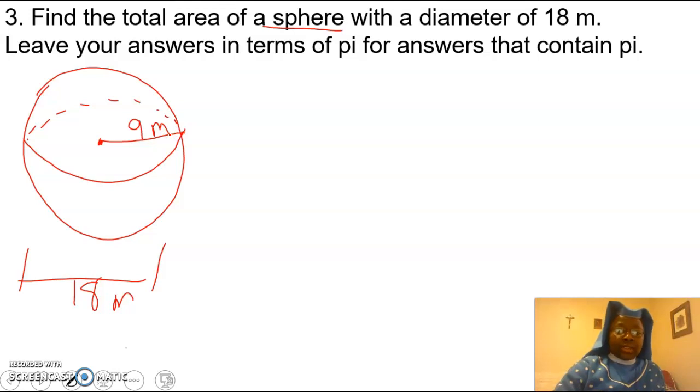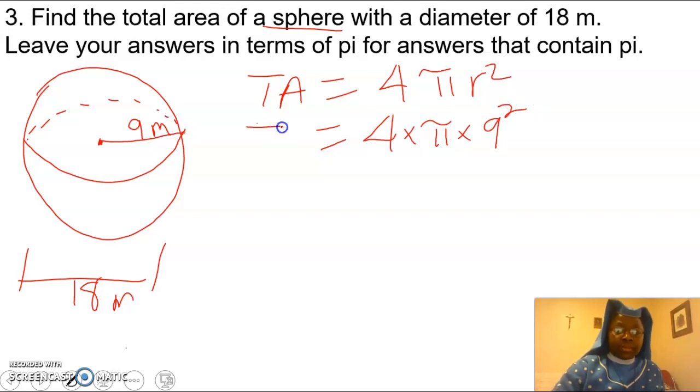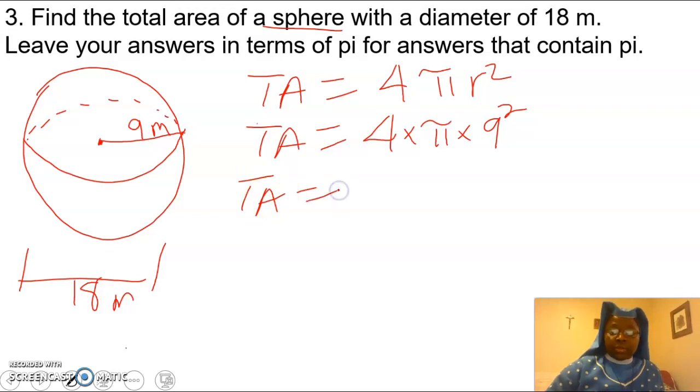Okay, so the total area, remember it doesn't have a lateral area, so total area is going to be 4 times pi radius squared. So that's simple. So 4 times pi times the radius, which is 9 squared. Again, make sure you follow the order of operations.